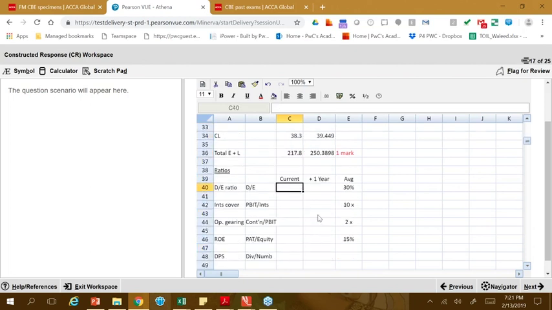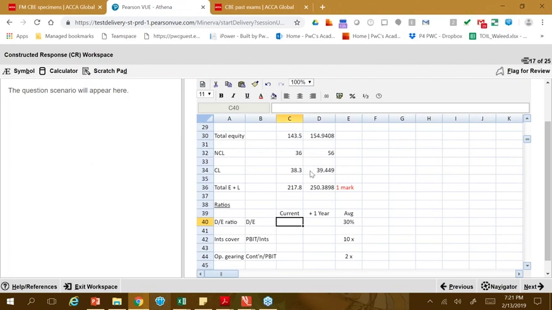First of all, debt to equity. So what is debt? Debt is here in the C32 over equity, which is the C30. That's easy. C32 over C30, debt divided by equity. That gives me a gearing ratio, and in percentage terms, it comes out to be 25.09.